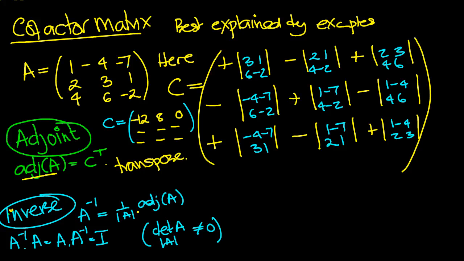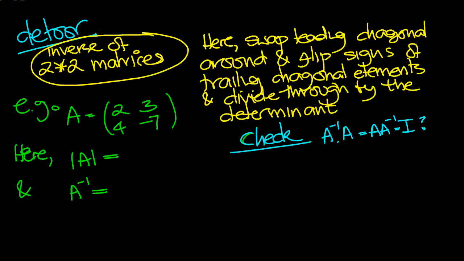So let's just do a tiny little detour at the end of the thing. A little detour of the inverse of 2 by 2s, because this is an easy case. Right, all we do is, for a 2 by 2 matrix, we swap the leading diagonal around. So minus 7 and 2 get swapped.